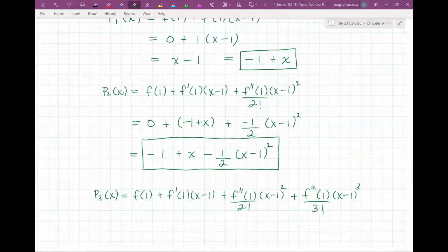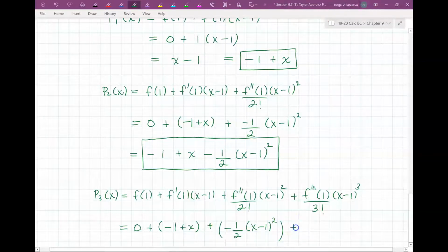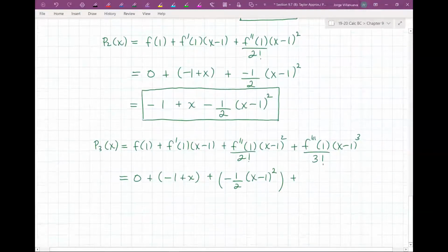So let's plug in f of 1. So that's 0 plus negative 1 plus x, plus the next term was negative half x minus 1 squared, plus, now I got to do the third one. So f triple prime of 1, what was that, a negative 2?